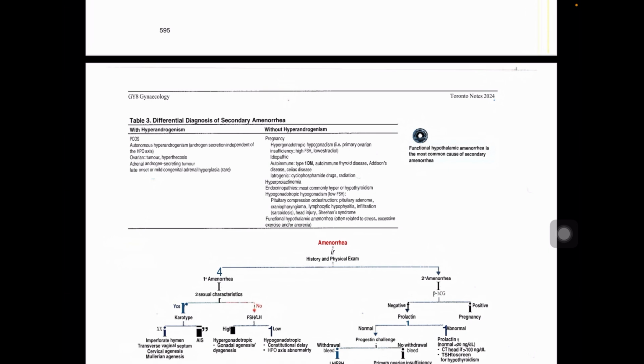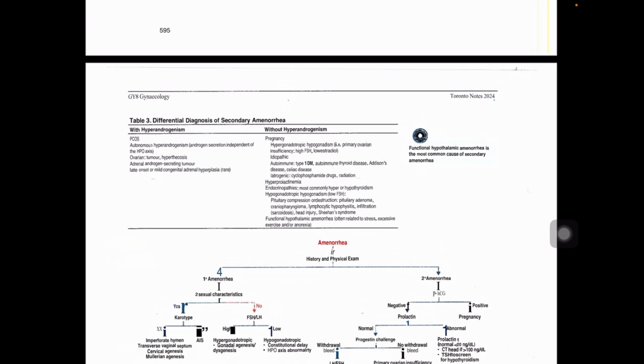So it could be PCOS, autonomous hyperandrogenism like androgen secretion independent of HPO excess, ovarian tumor, hypertrichosis, androgen secreting tumor, or late onset mild congenital adrenal hyperplasia. So CAH, congenital adrenal hyperplasia, PCOS, hypertrichosis, and androgen insensitivity syndrome.